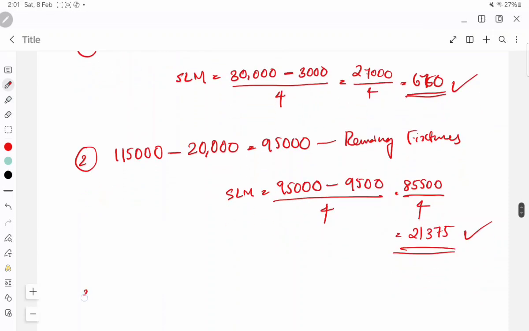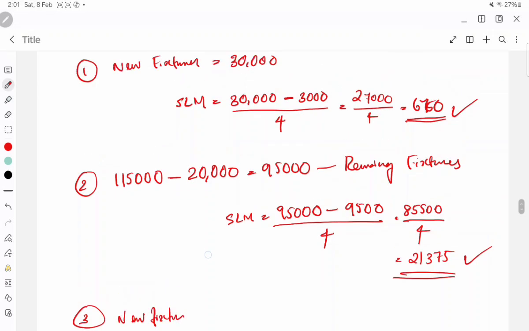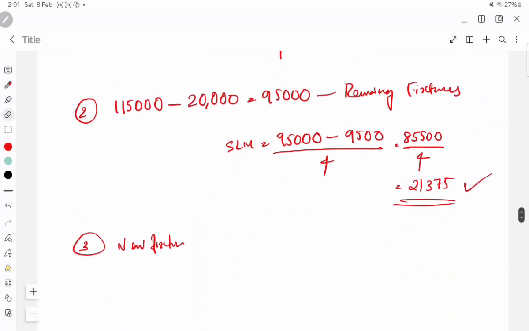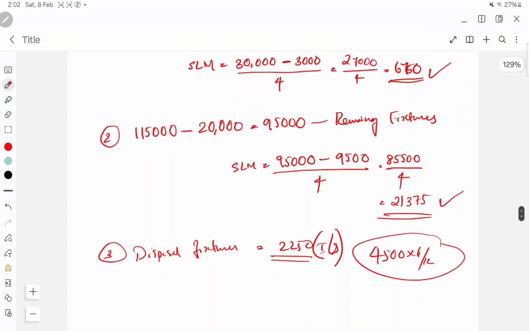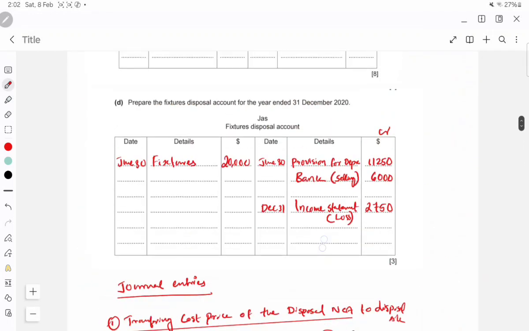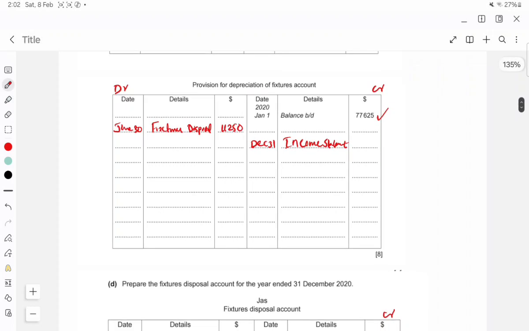And other than this one, how much did we charge last year? For the new fixtures we have already taken it. Last year we charged depreciation on the disposed fixtures, that was 2250, isn't it? It means 4,500 into 6 by 12, because we sold it on 30th June. So the remaining balance is 2250. This also should be transferred to the income statement. So these three amounts we need to take on the credit side of the provision for depreciation account.